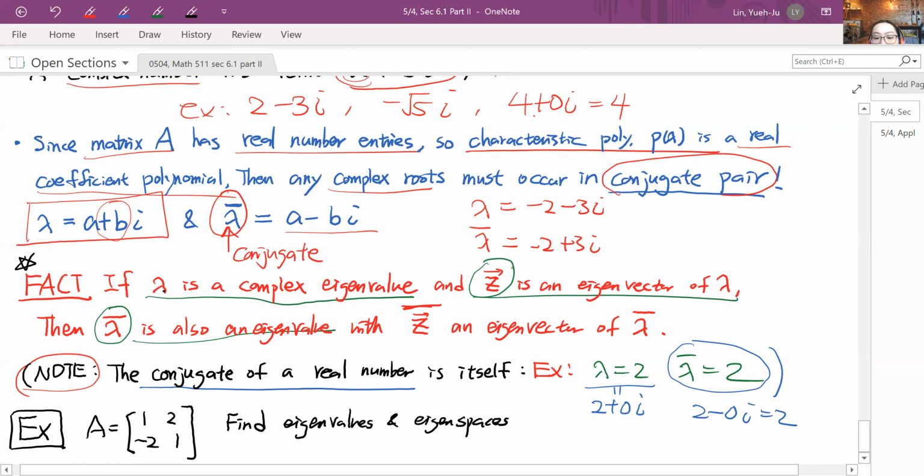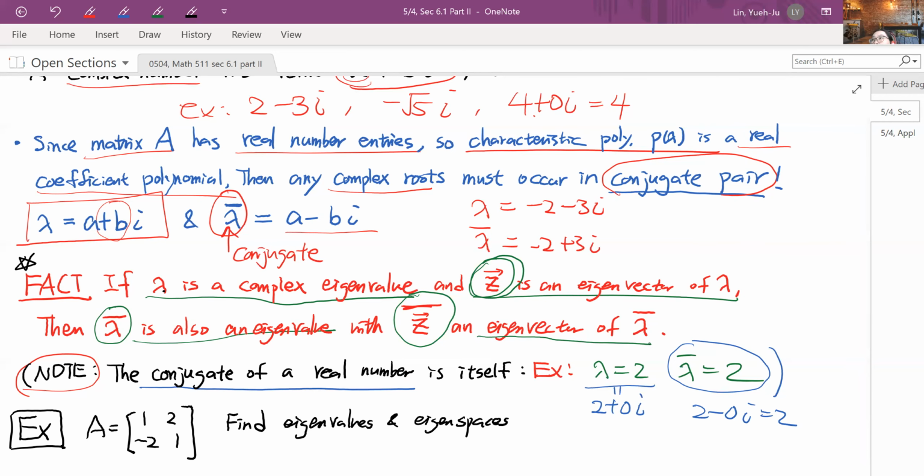Even better, if you take this eigenvector, possibly with complex entries, and take the conjugate of each entry, this z bar will also be an eigenvector for the conjugate eigenvalue. So you can see that the eigenvector also appears in a conjugate situation.